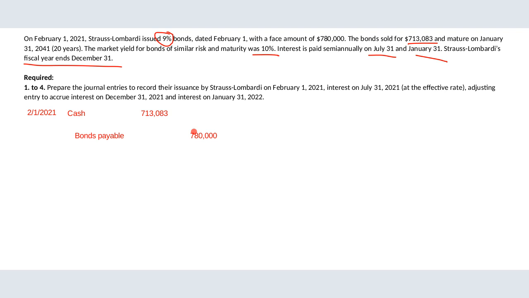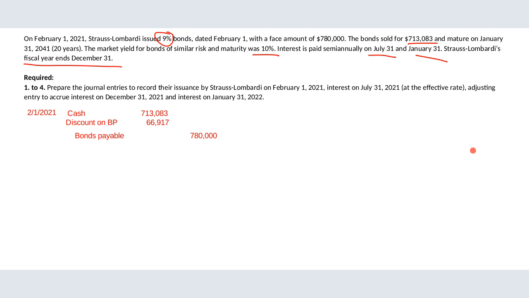The discount is the difference. On July 31st, we're going to do our first payment of the interest. I'm just going to do a quick calculation instead of doing our beloved table.